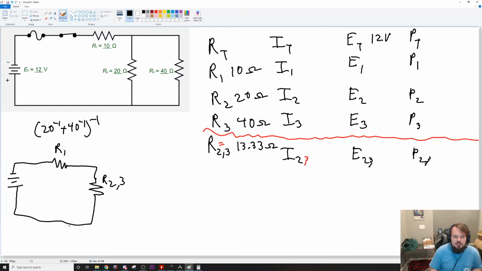So you can see this is just a series circuit, and we'll work it like that. R1 and R2,3 combined together to get our total. So that's going to be 23.33 ohms. And now we can start working the circuit in earnest.